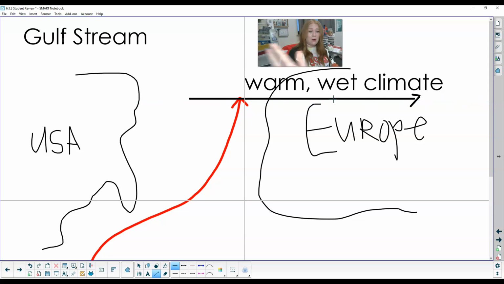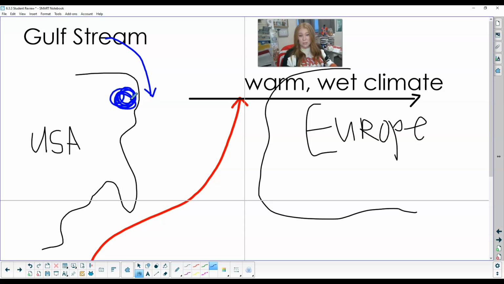And so all that warm water gets blown across this part of Europe here. So places over here are going to have colder air from the pole coming down, and places straight across from it are going to be colder, where these are going to be warmer even though they're at the same latitude.